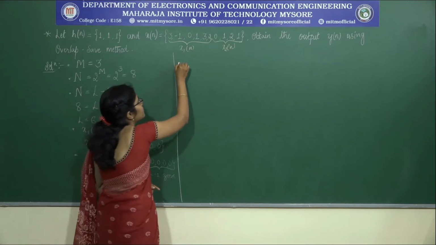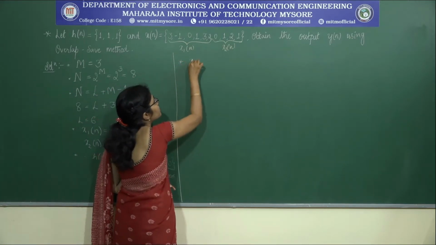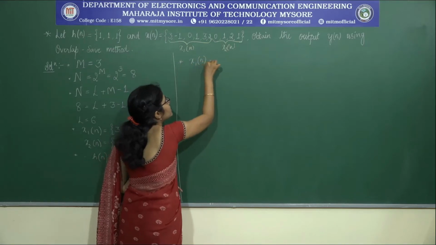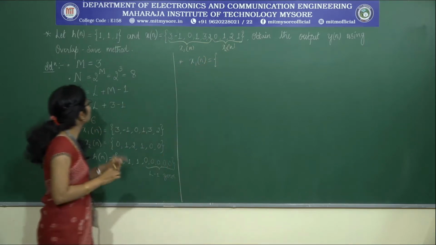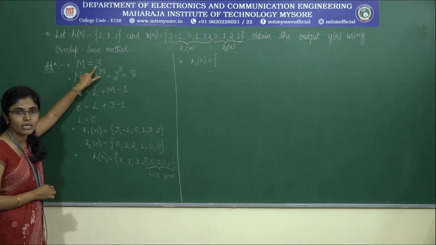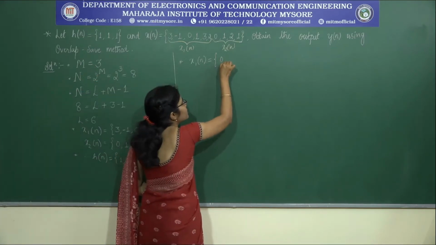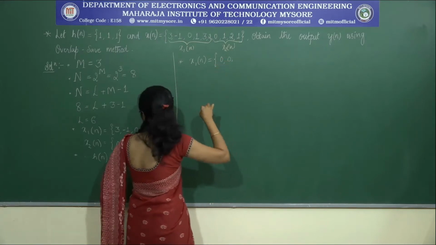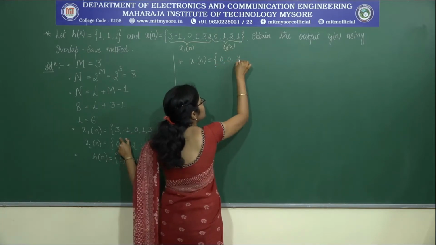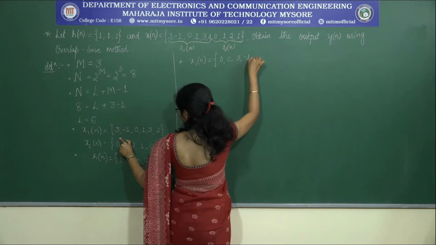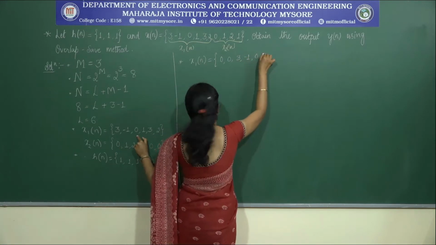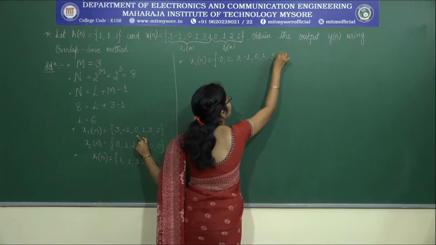That is, therefore, in the next step, x1 of n is equal to, what is the value of M? The value of M is 3, M minus 1 gives us 2. So, how many zeros I need to append? 0 and 0, 2 zeros.